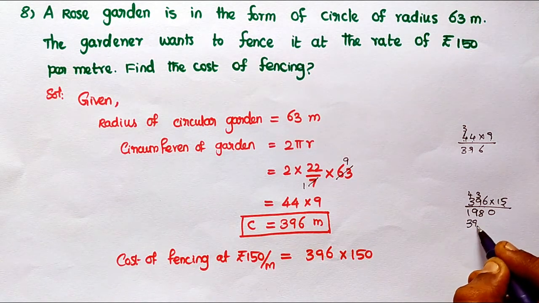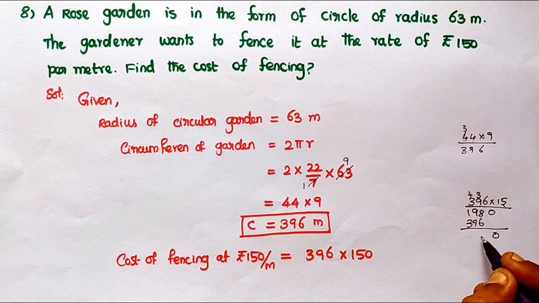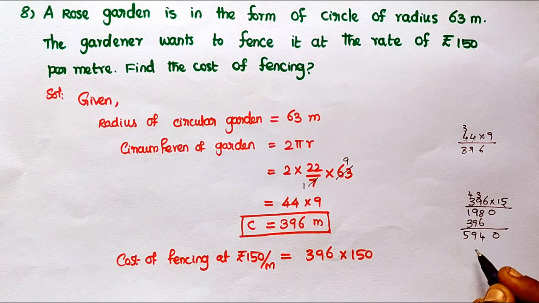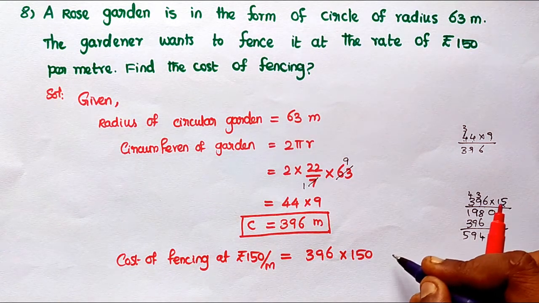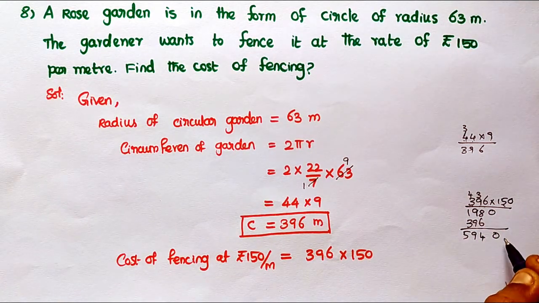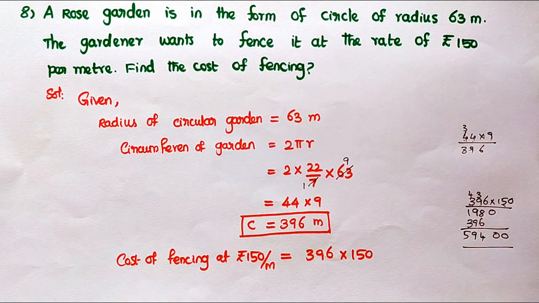So 5940, here 150, so here 0 means put here 0. So rupees 59,400, that is the answer.